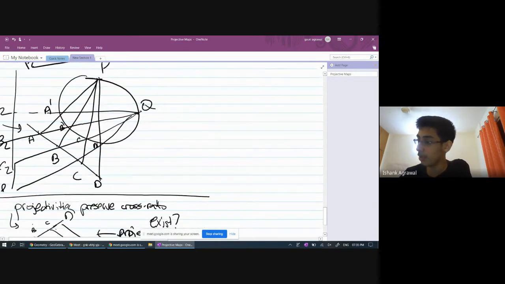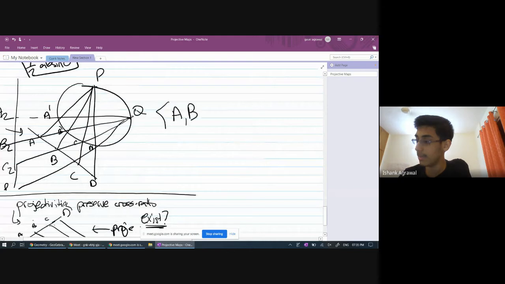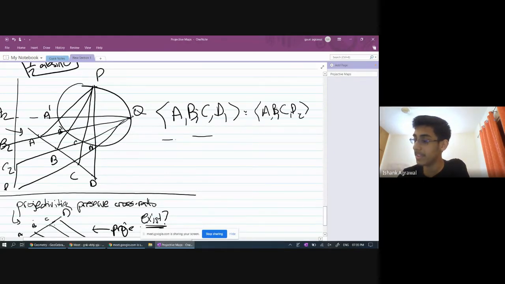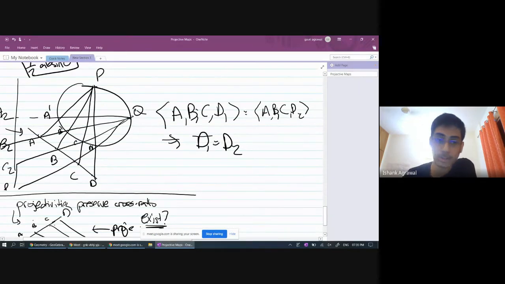If you have 2 points D1, D2 such that ABCD1 equals ABCD2, then this necessarily implies that D1 is D2. You can do this with simple algebra because both of the terms are linear. Does everybody understand this?